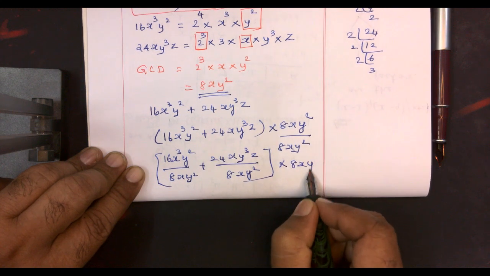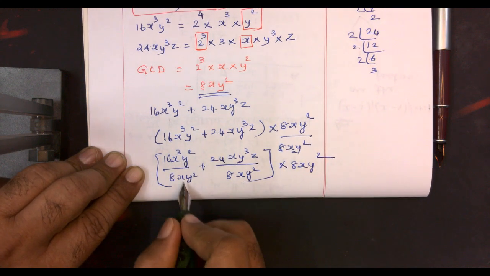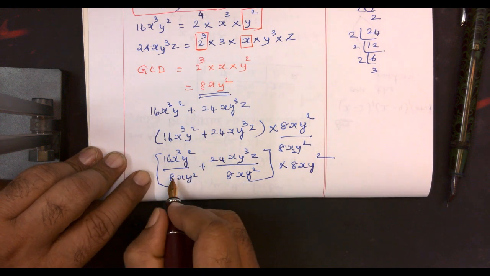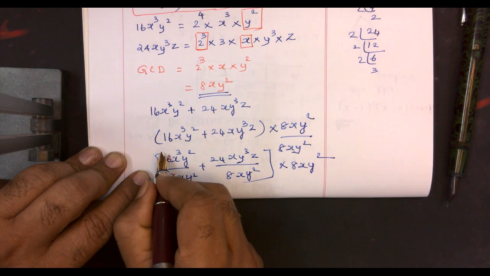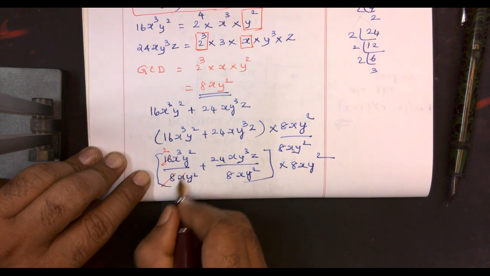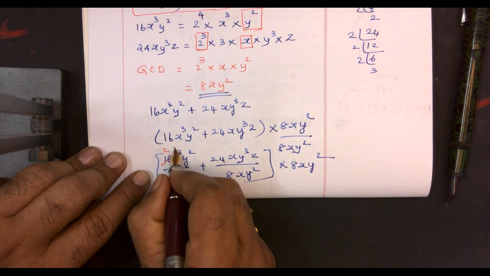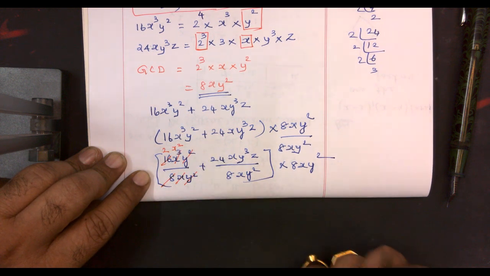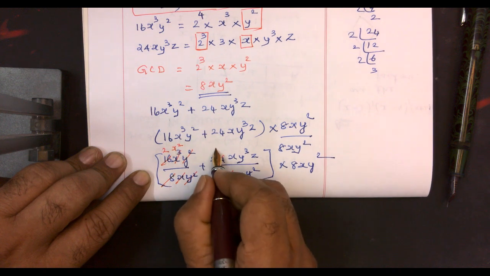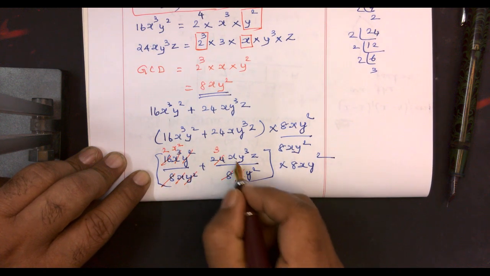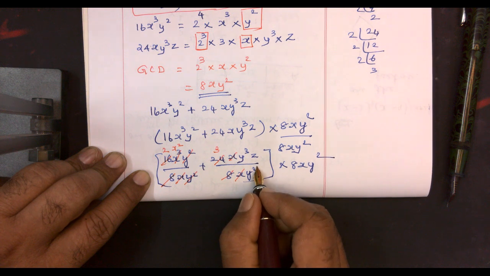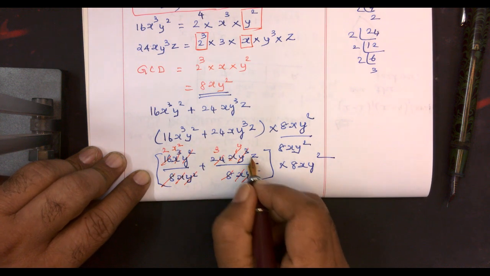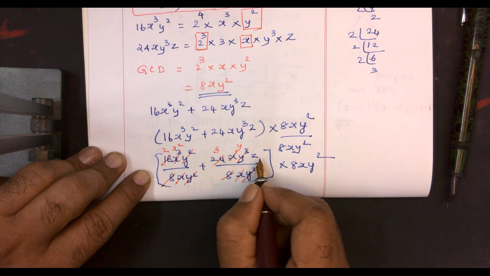8xy squared. So we had to solve this. So how we can do that? See here you have 8, 16, 2 times x cube, x squared, correct? Then y squared cancel. This is 3 times x cancel, y squared, y cube cancel, and you can put y, and you have to retain this z.